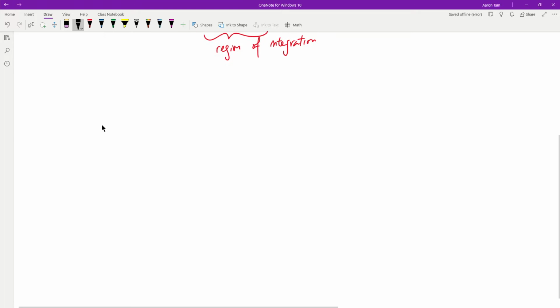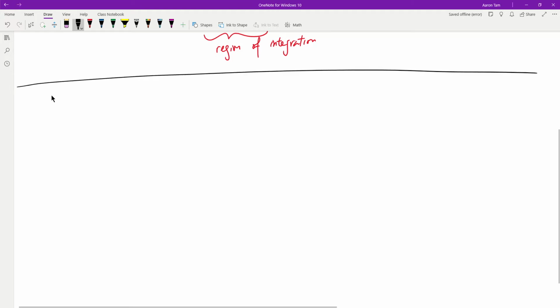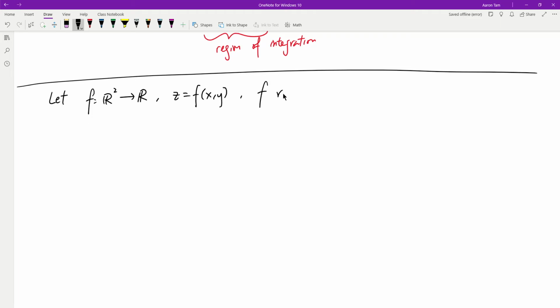First, recall from 7.2, if we let f go from R2 to R, say z equal to f of x, y, then f represents a surface in R3.